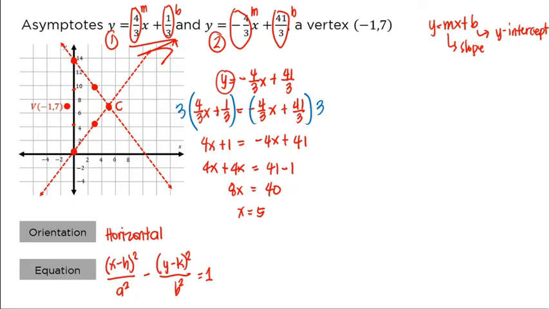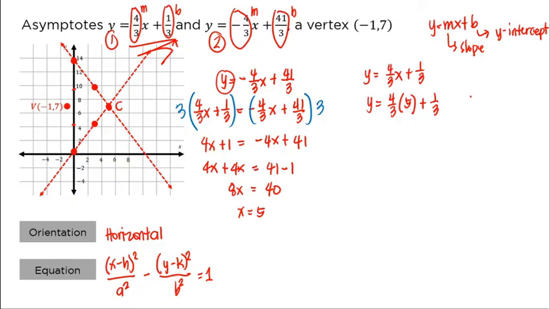To solve for y, you just substitute x to either of the two equations. So it could be equation 1 or equation 2. So here, I will just use equation 1. So I have y equal to 4 thirds x plus 1 third. When x is equal to 5, so we have y equal to 4 thirds times 5 plus 1 third, right?